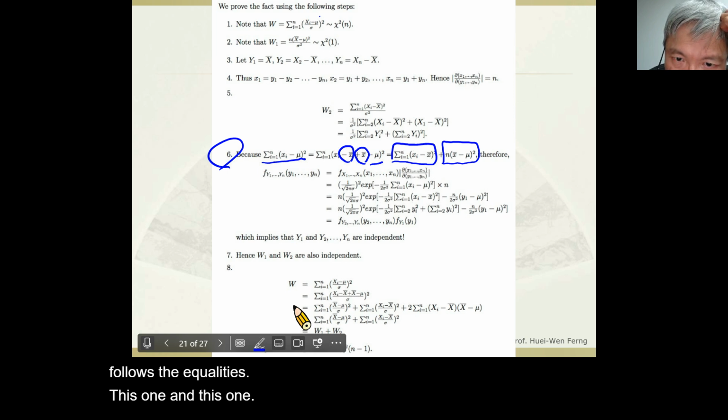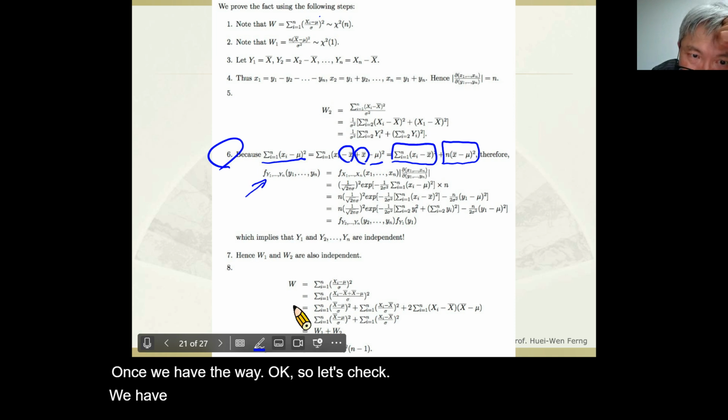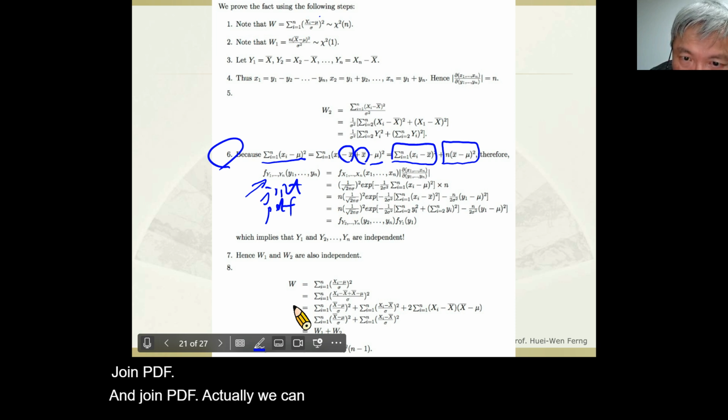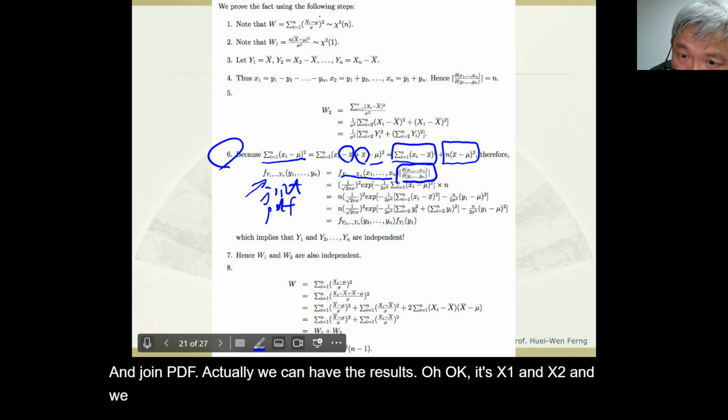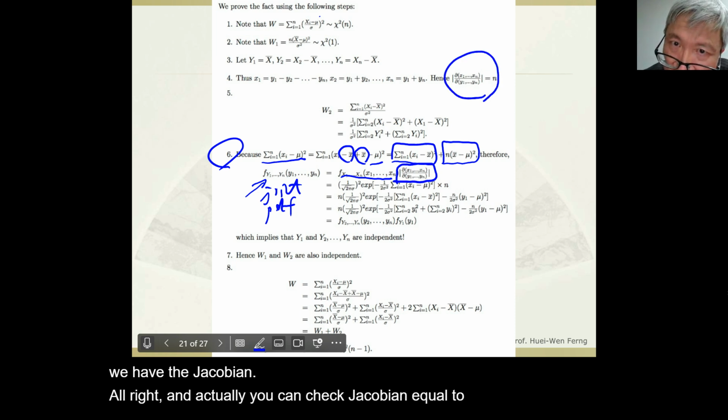Once we have that, now the data check: we have the joint PDF, and from the joint PDF we can have the results. It's x1 and x2, and we have the Jacobian. You can check the Jacobian equal to this.